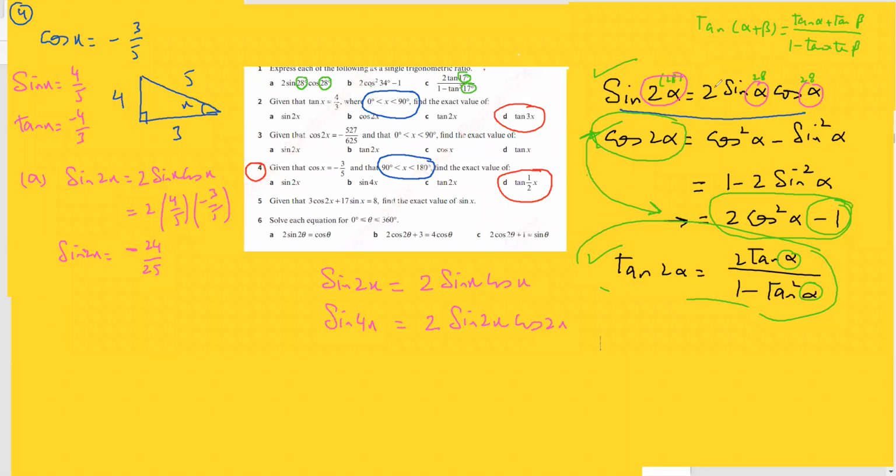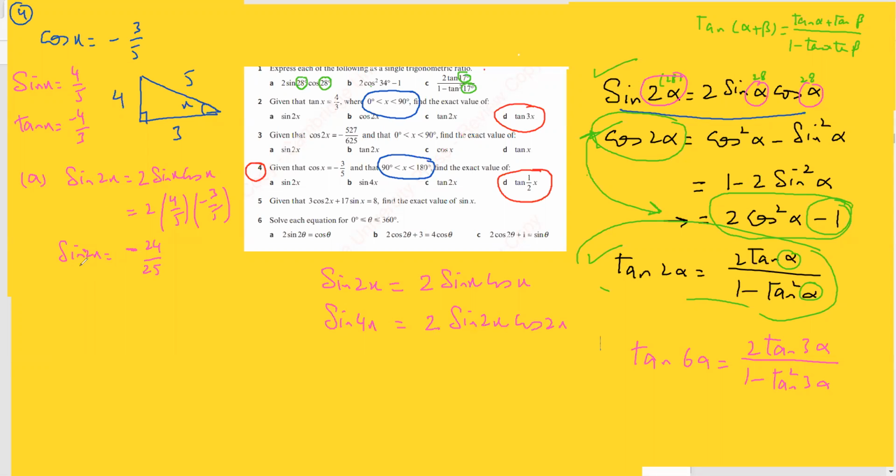Either you have the identity for the sine, cos, or tan. Like look at this, tan 2 alpha is 2 tan alpha over 1 minus tan square alpha. You can say that your tan 6 alpha would be 2 tan 3 alpha over 1 minus tan square 3 alpha. So if you want to write the identity for sine 4x, this can be written as 2 sine 2x cos 2x.